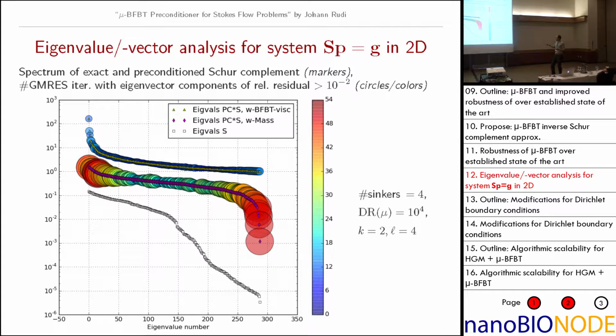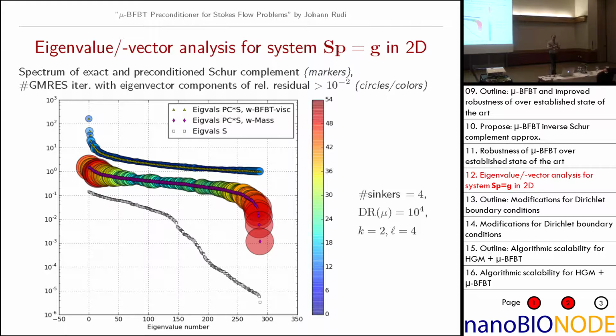And I think this is pretty interesting when I saw this, that when I apply the BFBT preconditioner, there seems to be a lower bound for the minimum eigenvalues. And what I was trying to do with these circles and the colors, I was trying to identify which are the eigenvector pairs which are responsible for the Krylov solver taking long.